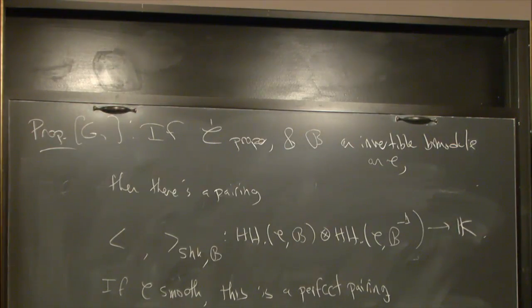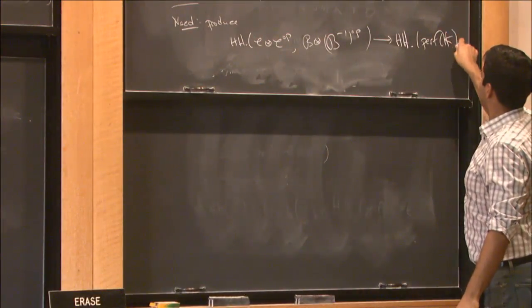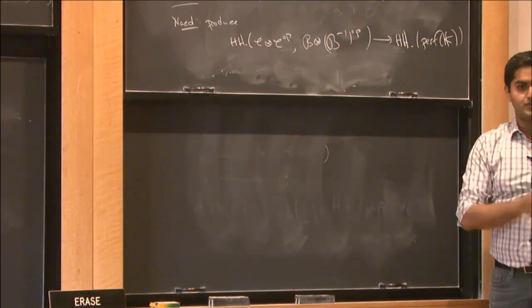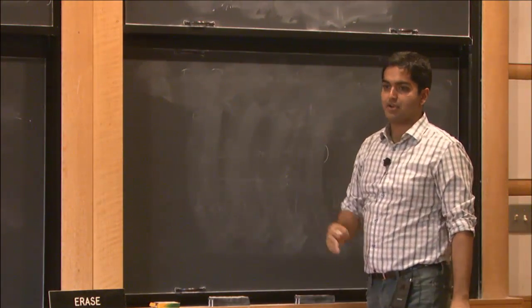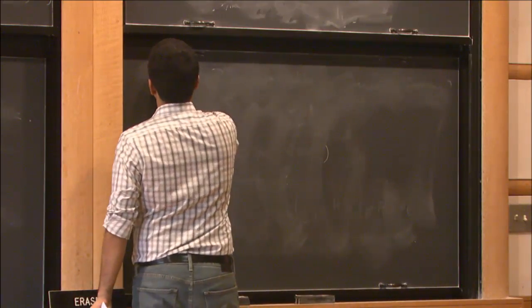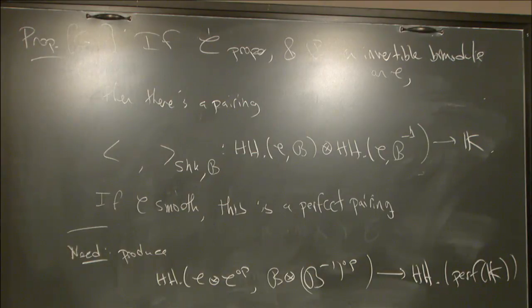This is just the tensor product of Hochschild homologies, I'm just applying Künneth, to the Hochschild homology of perf K. All right, how do you do this? Well, Hochschild homology with coefficients isn't quite as functorial as Hochschild homology is. So you have to grapple with that fact.